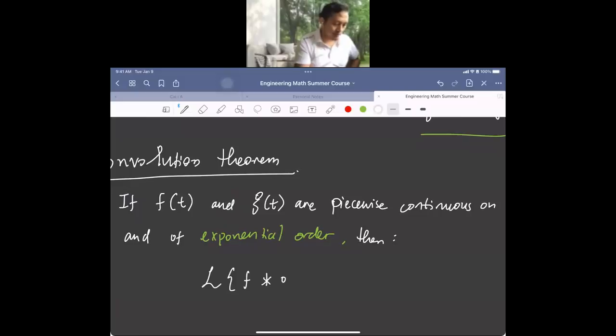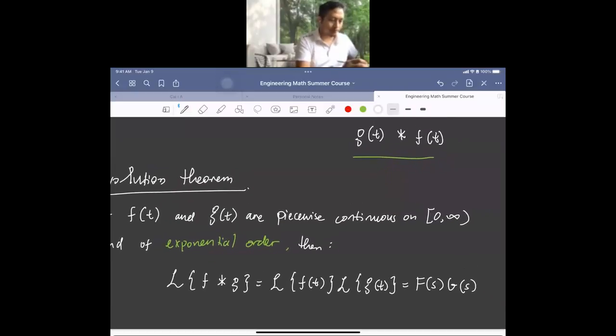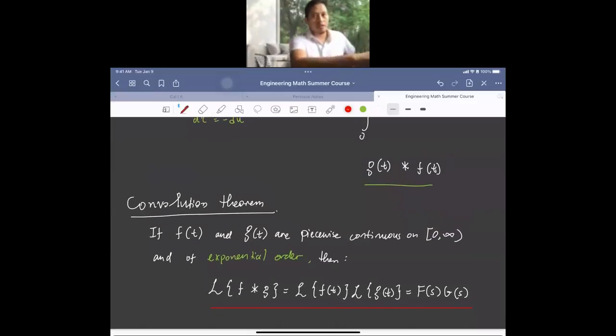the Laplace of f convoluted with g is equal to the Laplace of f(t) times the Laplace of g(t), and simply we just write capital F and capital G. I will just stop here, until the convolution theorem.